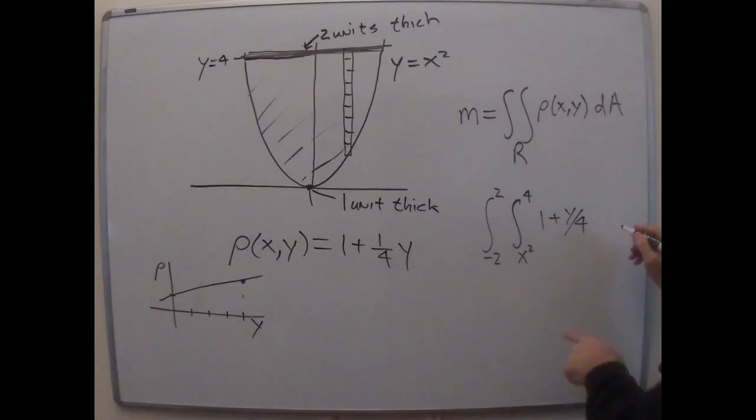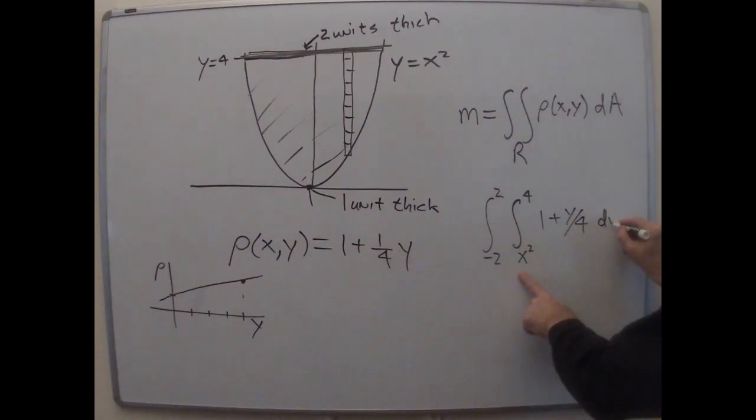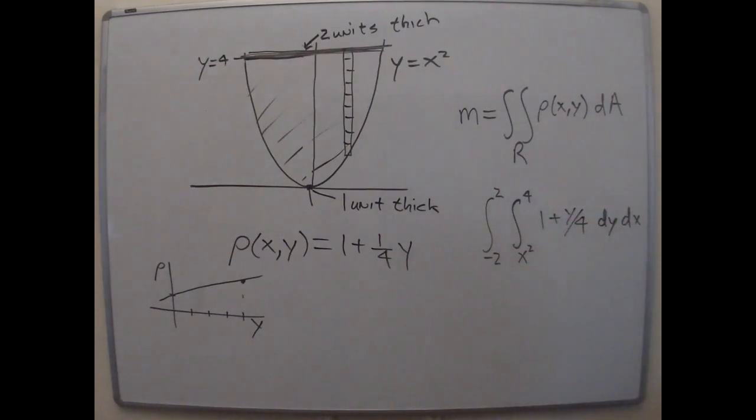And differential area now is going to be dy dx, because we're integrating in the y direction first and then x. Cool, so let's do it. When we integrate that expression with respect to y, we get y plus y squared over 2 over 4, that's y squared over 8, evaluated from x squared as the bottom limit to 4 as the upper limit.